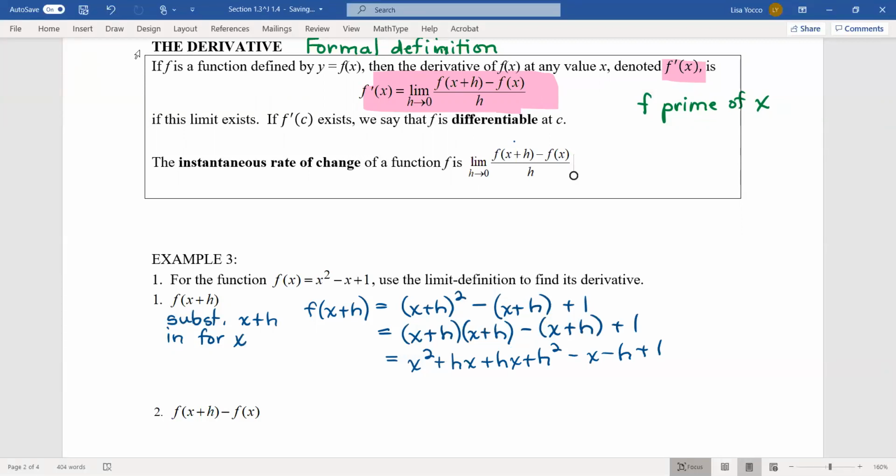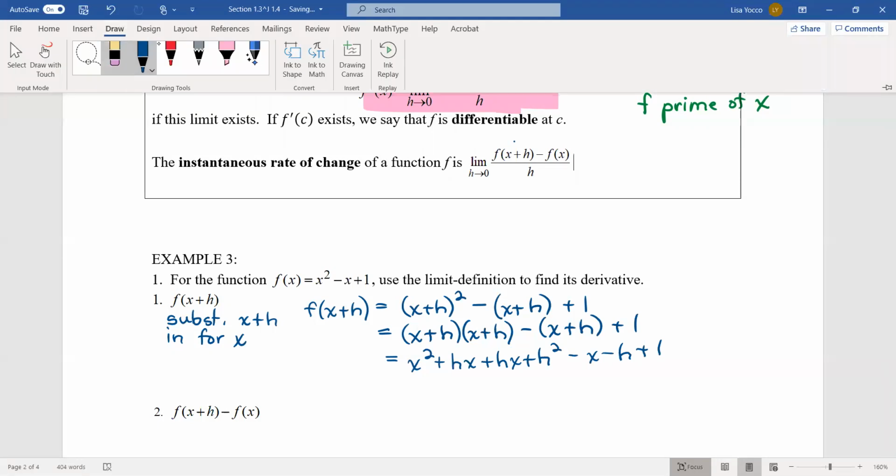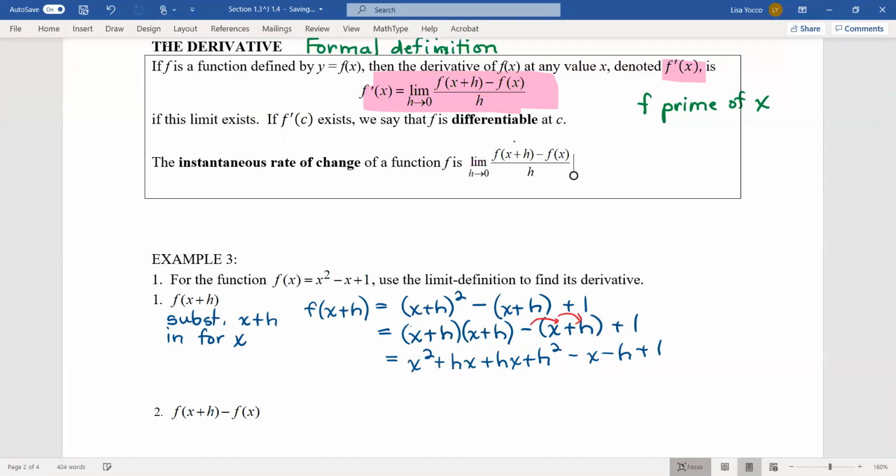Then I distributed the negative over here, this negative. This multiplication I did by FOIL. And that's pretty much it for the first step.